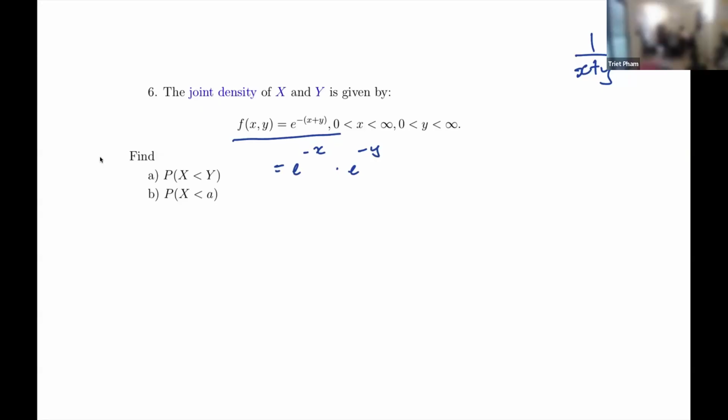Now, independence here is not an assumption that you make, but is something you prove by observing the joint density that splits. Notice you have to be careful about the region too. The region must also split, whatever that means. Meaning that the region cannot have an interaction between x and y. The region is a rectangle.